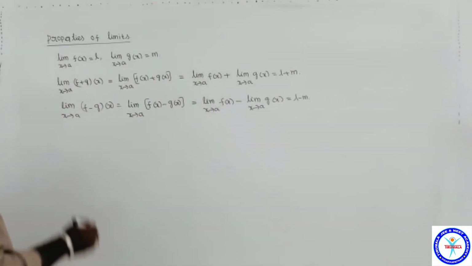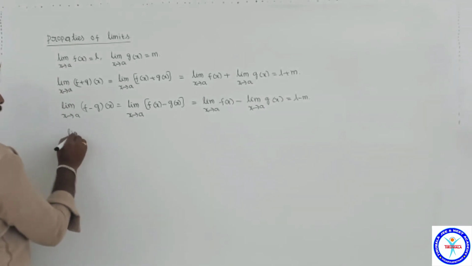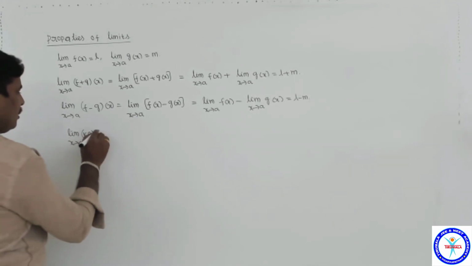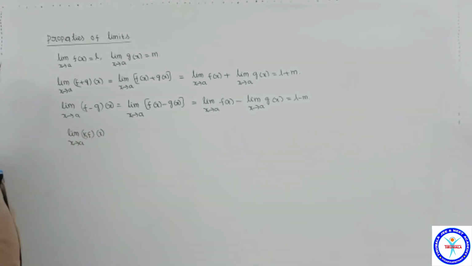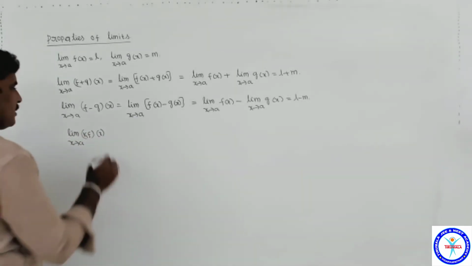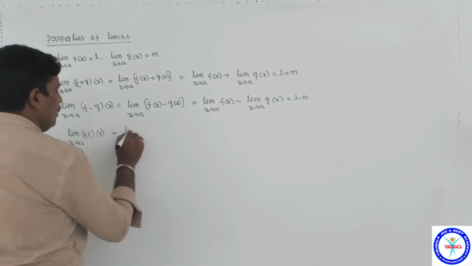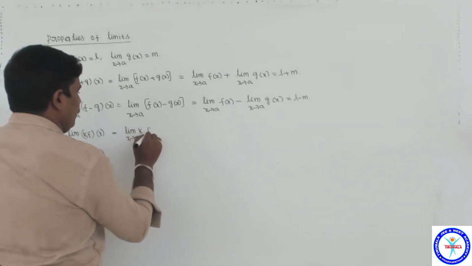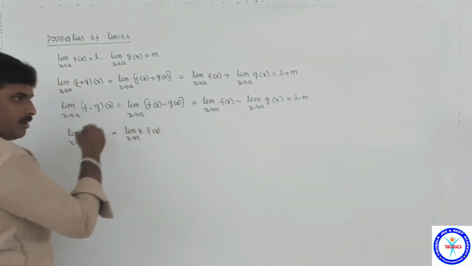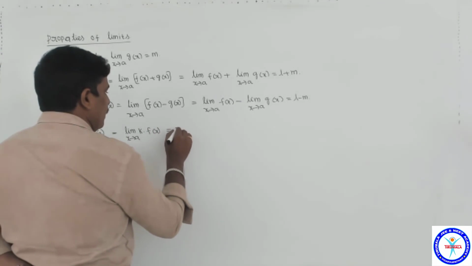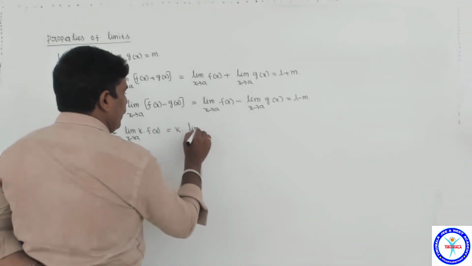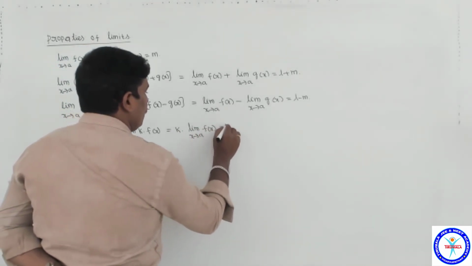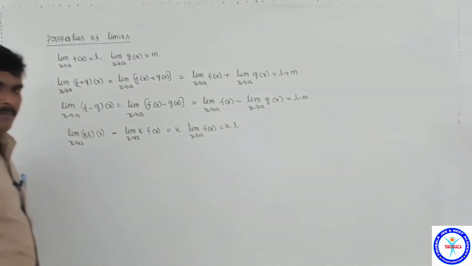Okay. Now, limit x tends to a of k f of x equals limit x tends to a of k into f of x. Here k is a constant, so this is k into limit x tends to a of f of x, equal to k into L. Am I right?